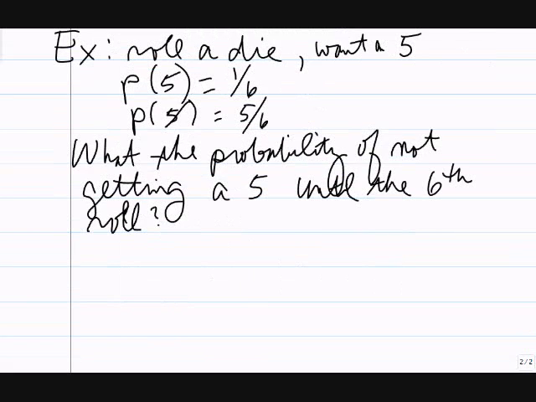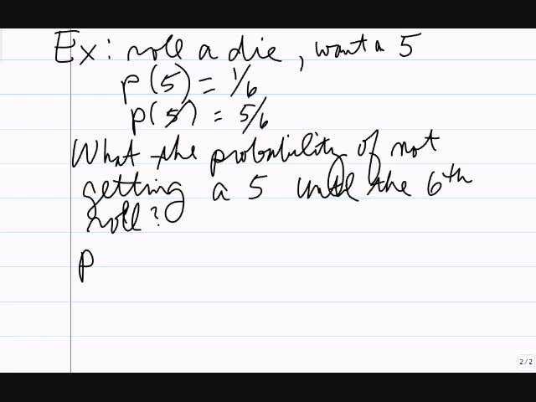If I don't want to get a 5 until the 6th roll, I need 5 rolls that aren't a 5, and then I need a 5 on the 6th roll.